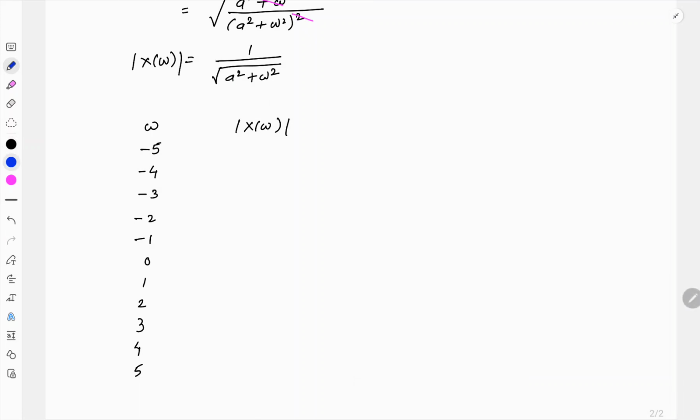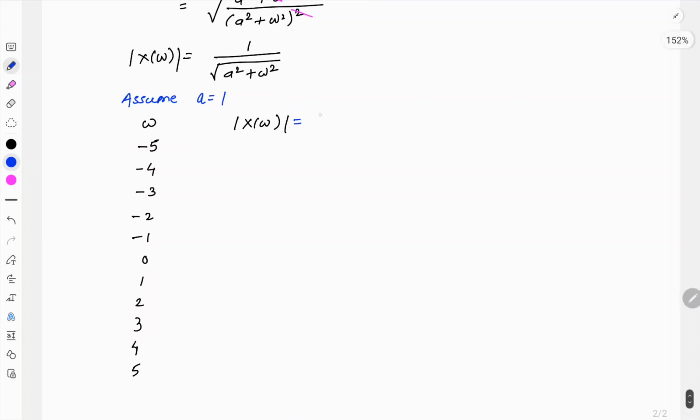So let's assume that a is equal to 1, just for simplicity. We can assume any value. There is no restriction that a should be 1. You can take any value of a. So here mod of X of omega now becomes 1 upon under root of 1 plus omega square.